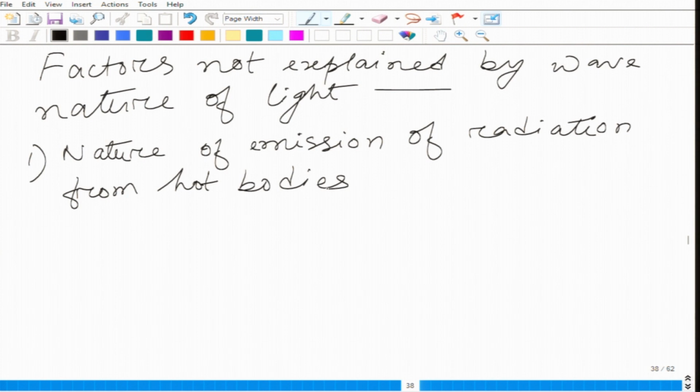That is, when some bodies are heated up, they emit some kind of radiation. The nature of those radiations was not explained by the wave nature of light. This phenomenon is known as black body radiation.